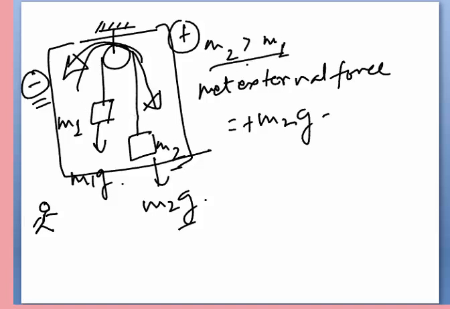We do not even need to assume, since it is given that M2 is greater than M1, so we know this is the direction in which the mass will move. So minus M1G. Again, I will reiterate that M1G comes in with the minus sign because its direction is opposite to the direction of the motion. So that is my net external force.